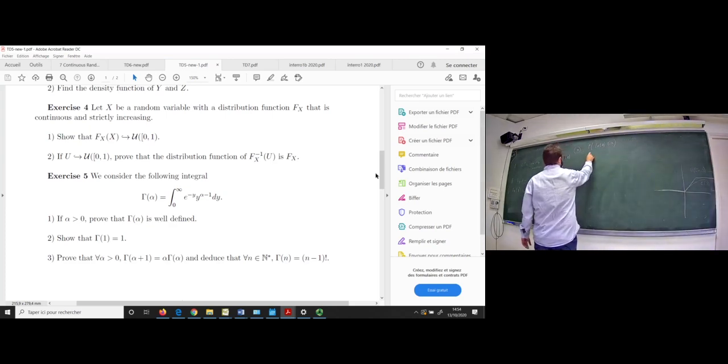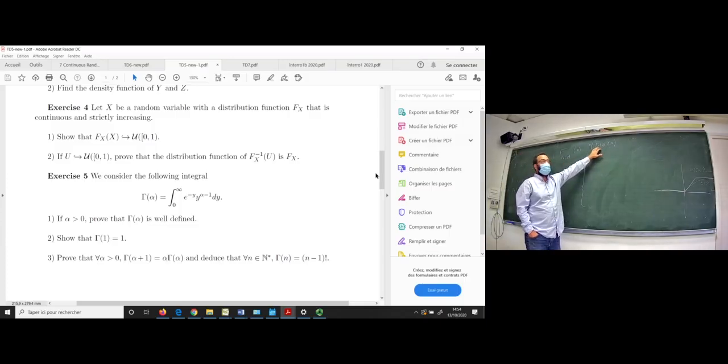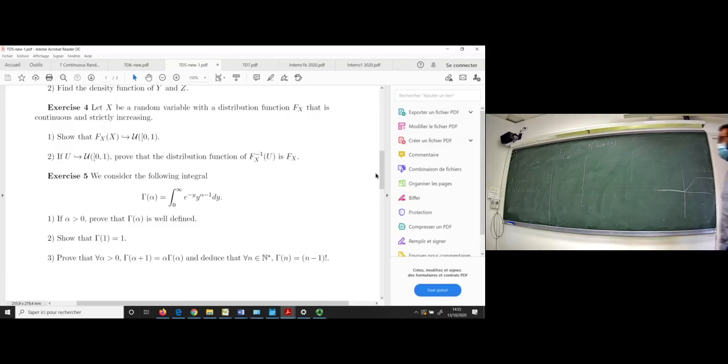So I have cases that are not that difficult to compute. Because what are the possible values for F_X(X)? 0, 1. I am inside the interval 0, 1. So typically, I know what happens outside.